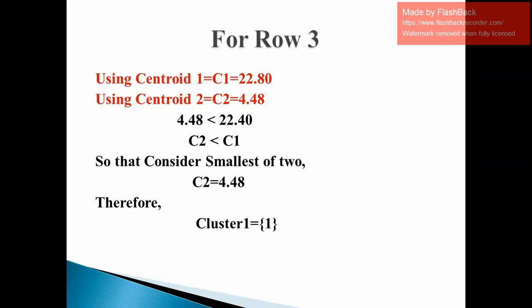Therefore cluster 1 will be 1 itself, because we are not selecting the cluster 1, and cluster 2 will be 2, 3. We are adding the row 3 or item set of 3 into the cluster 2, because we have selected cluster 2. This will be the updation of clusters. In cluster 1 we have 1 record, and in cluster 2 we have the second and third row.